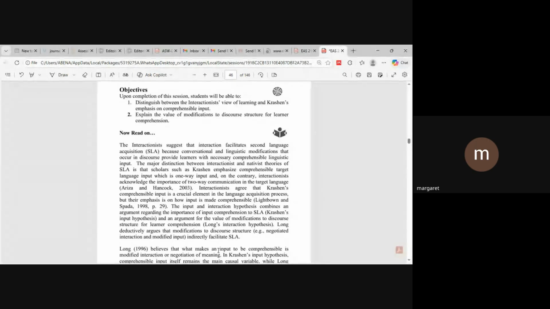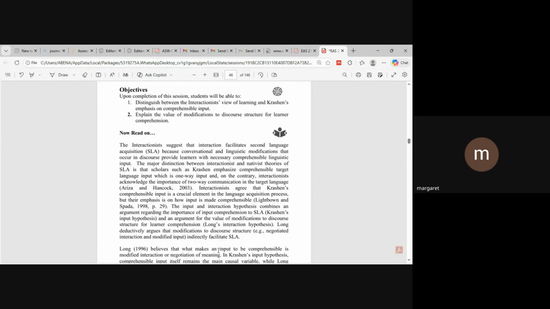So we get the input in the language as we engage in interaction with people in that linguistic environment. That is what we mean by the interactionist point of view. Krashen emphasizes comprehensible target language input, which is one-way input.